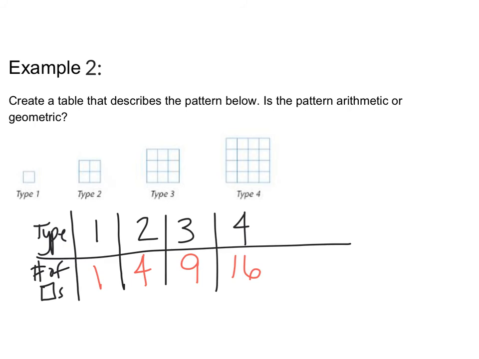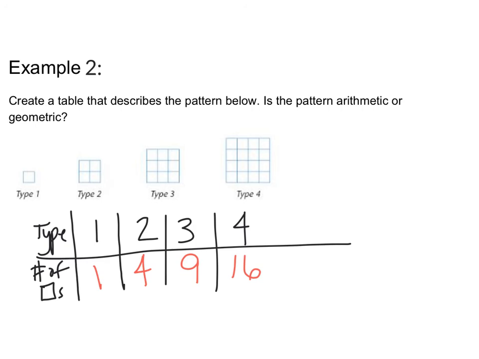So how are these increasing? Times 3? Times 2? Times 4?